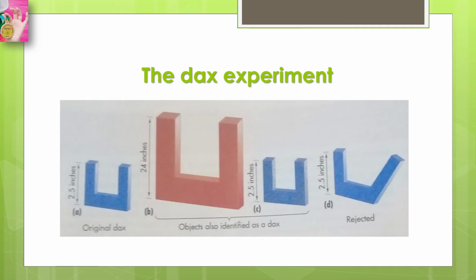It turned out that as long as the object had the same shape as the original dax, the children identified it as a dax. So here you can see that when we identify an object, we first rely primarily on its shape.